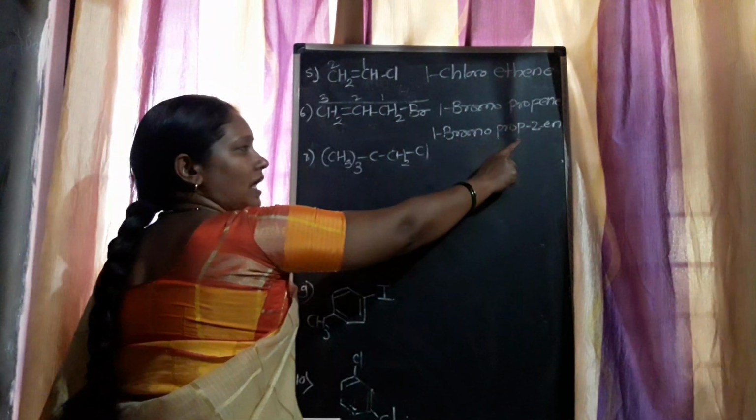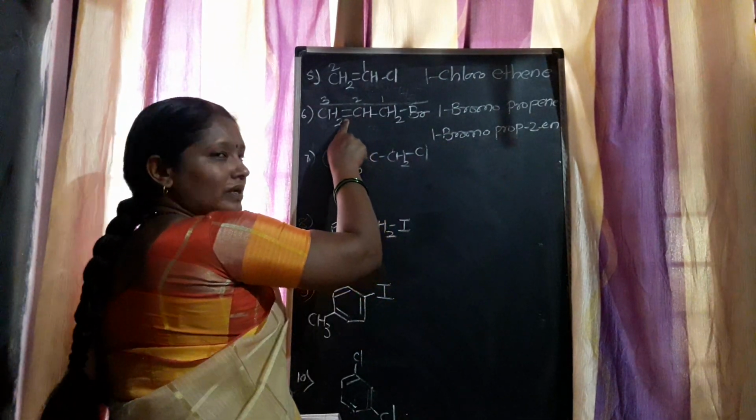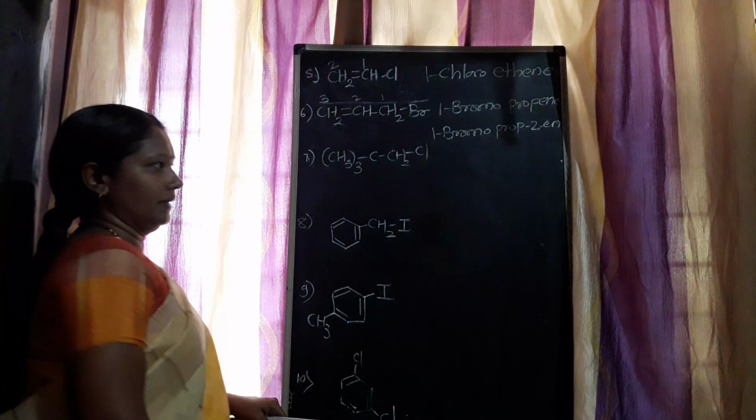This propene is also written like this: at second carbon atom the double bond is present, therefore prop-2-ene. 1-bromoprop-2-ene.